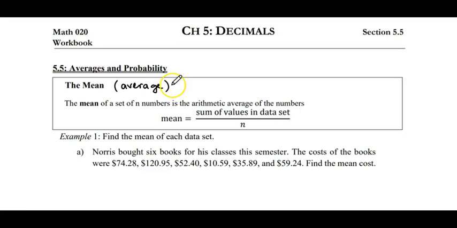So the mean of a set of numbers is the arithmetic average of the numbers. To find the mean, you add all the values in the set and divide by how many numbers you had: the total of the values divided by the number of items in the set.